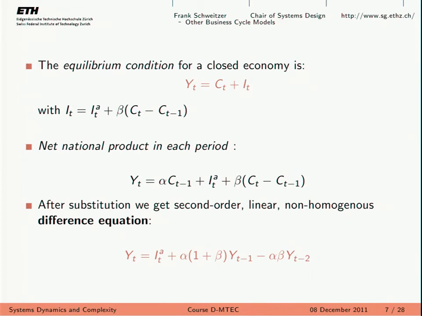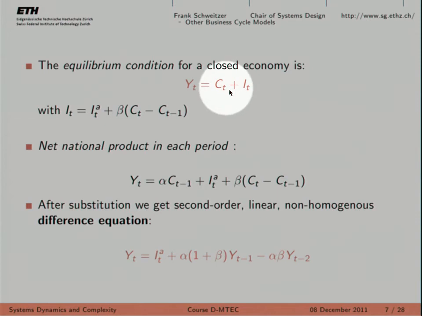This should not be C, but it should be Y. Okay? What we're simply doing is consumption plus investment. Consumption should be alpha times yt minus 1. And then this is the investment. Good, thank you. I'm impressed you were able to follow so fast. Yes, so, right, this is Y.